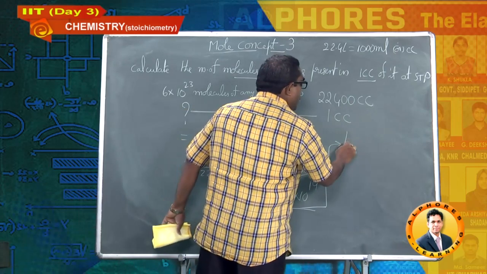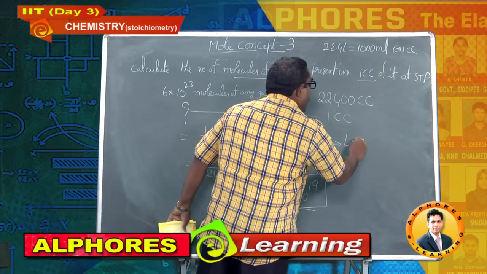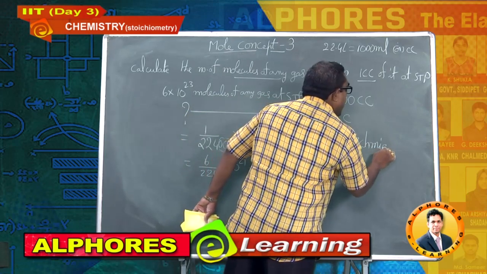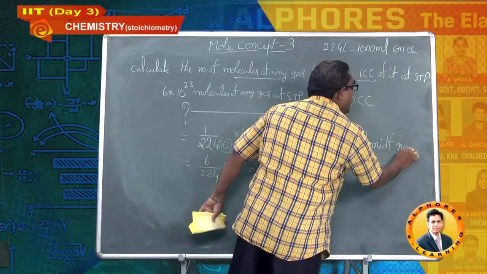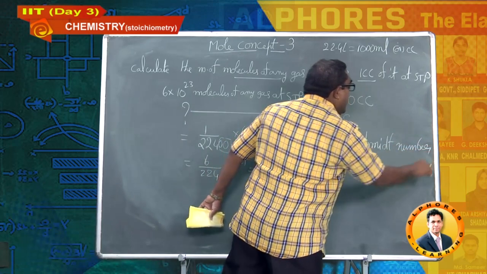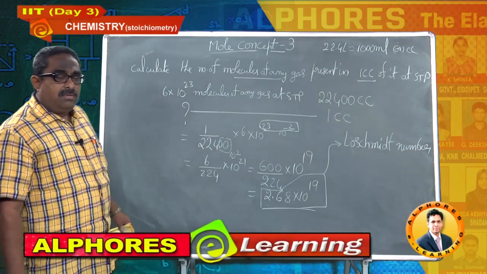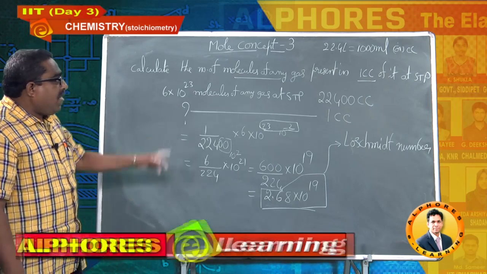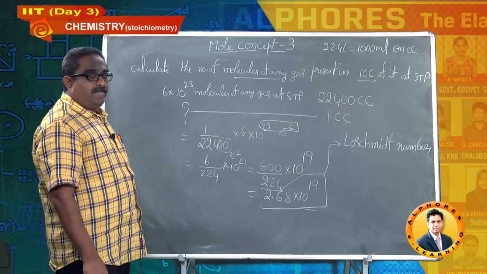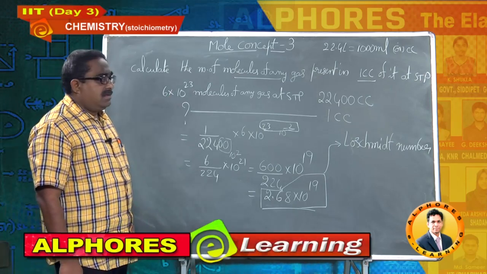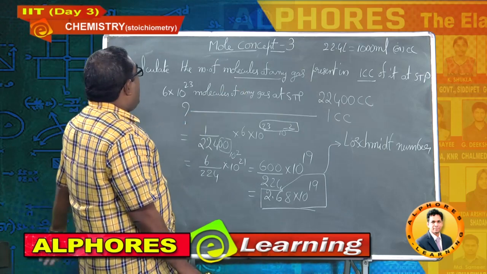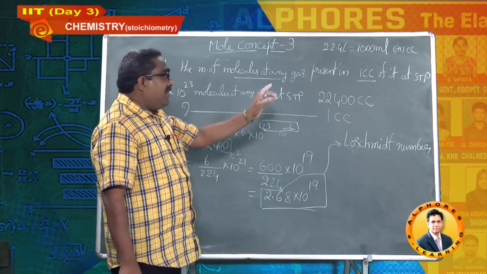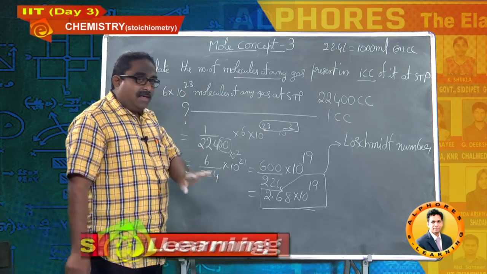Note it down: Loschmidt, M-I-D-T, Loschmidt number. So what is meant by Loschmidt number? Loschmidt number is nothing but the number of molecules that are present in 1 cc of any gas at STP. If at STP is not there, this is entirely wrong.